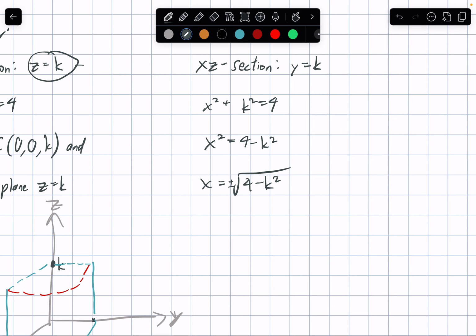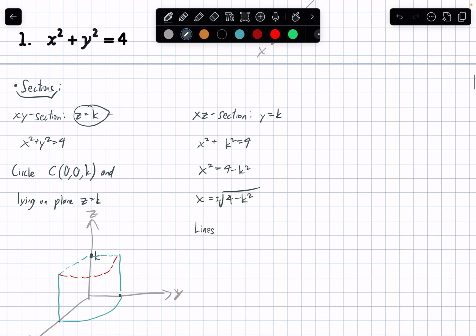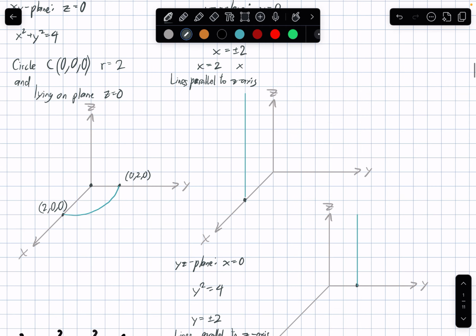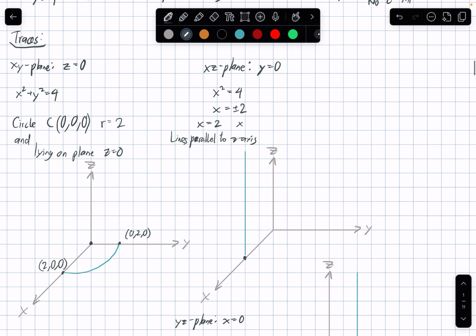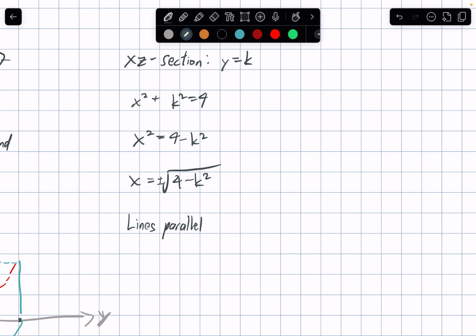Okay, in the xz plane earlier, lines are parallel to the z-axis. And yeah, lying on the plane y is equal to k.